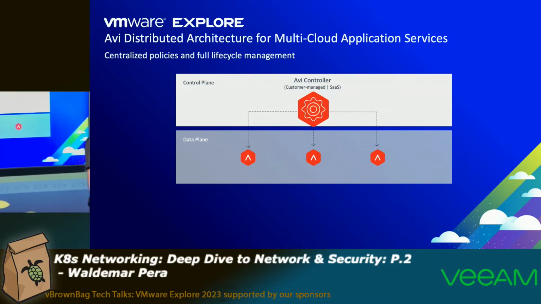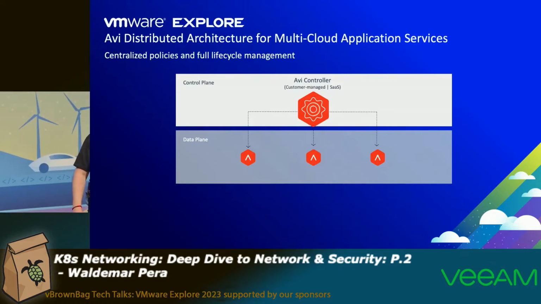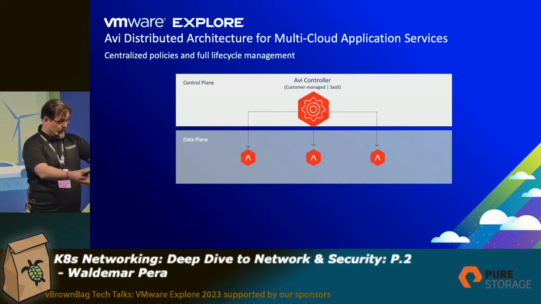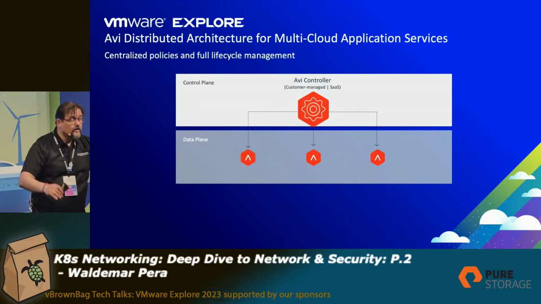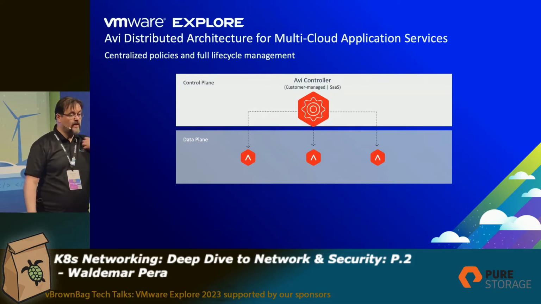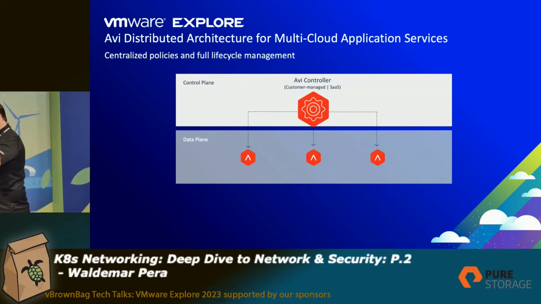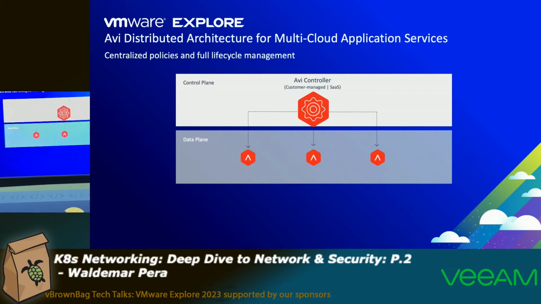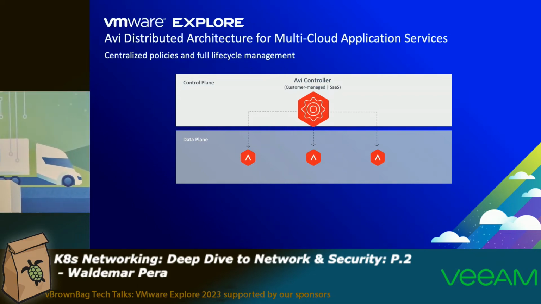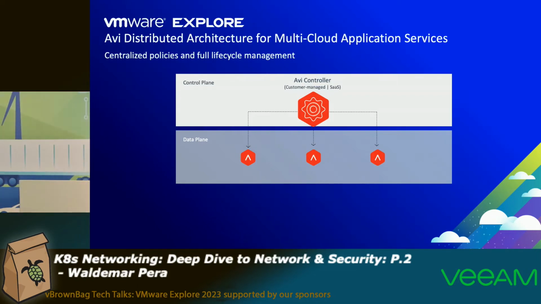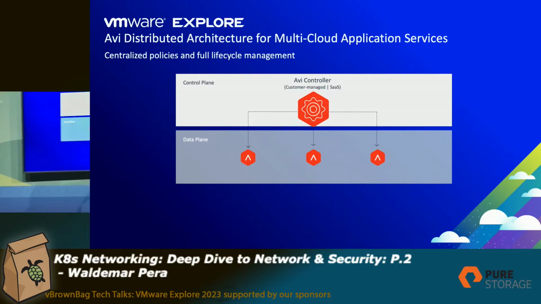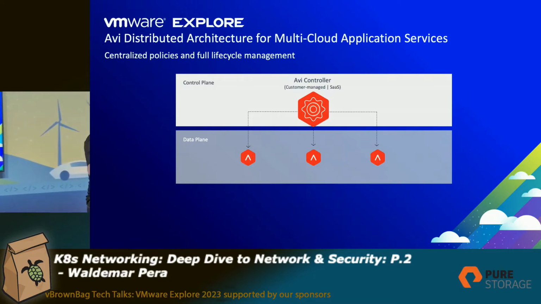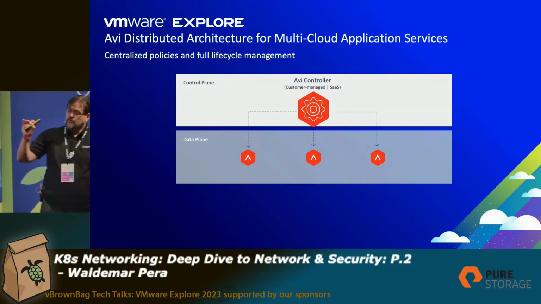That controller is a VM running wherever you want, on-premise, in the public cloud, or included in some cases in the VMware Cloud service, a SaaS service. It's the place where you have the definitions, you take in the telemetry, the point you handle and control. But the data plane is delivered in each place you need.